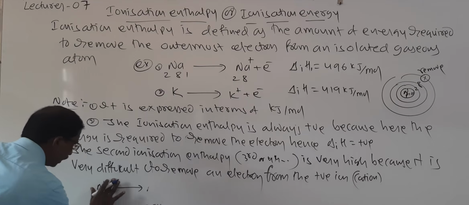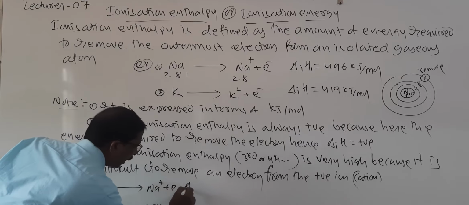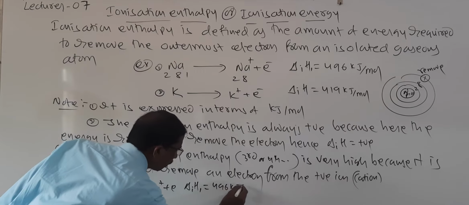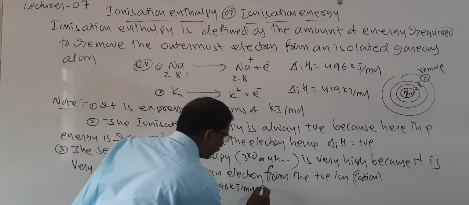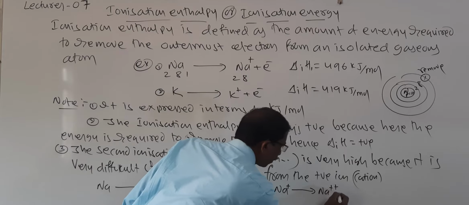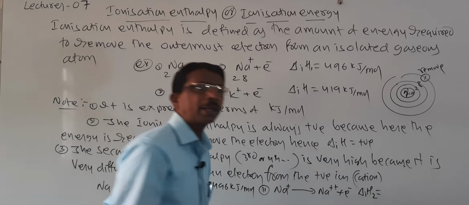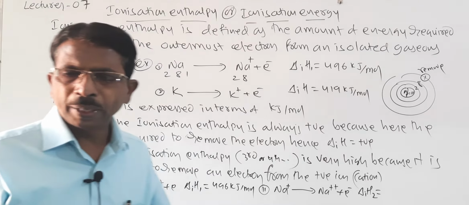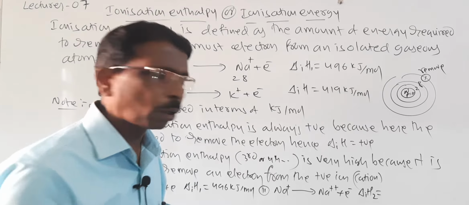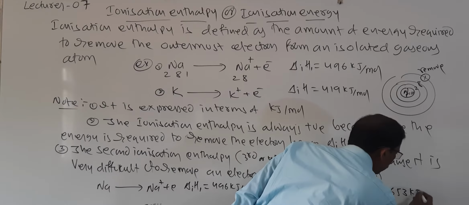Na gives Na plus and an electron, then delta IH1 is equal to 496 kilojoules per mole. Then if you want to remove another electron, Na plus gives Na 2 plus and an electron, so delta IH2 is much more, near about 4653 kilojoules per mole.